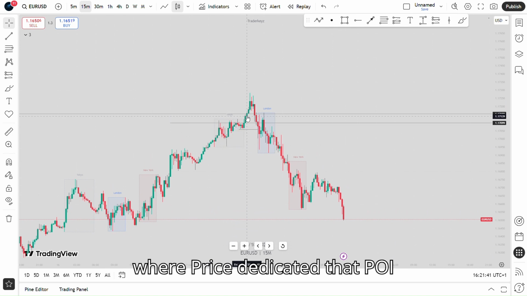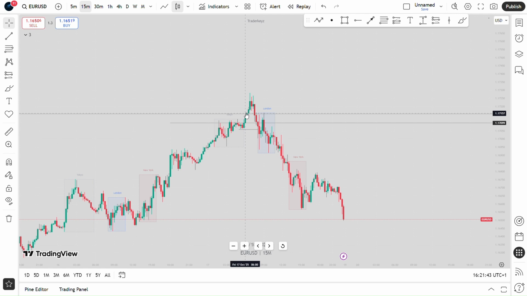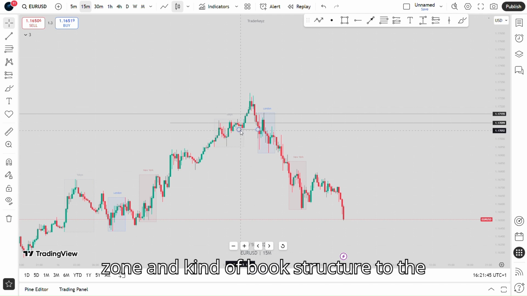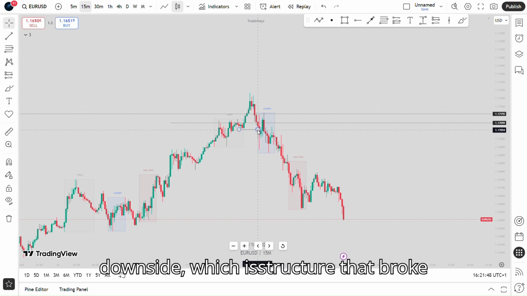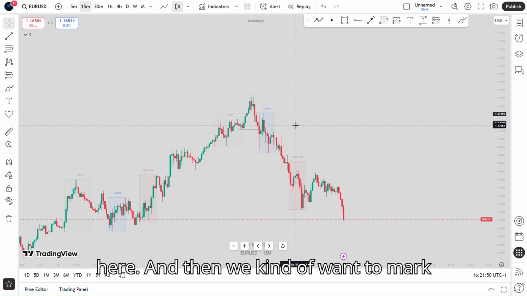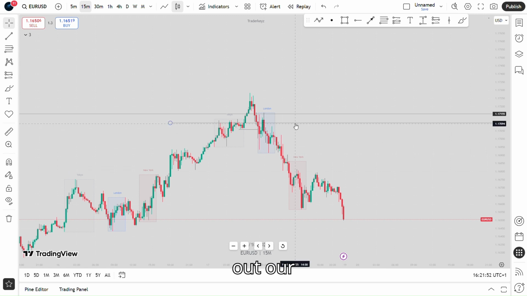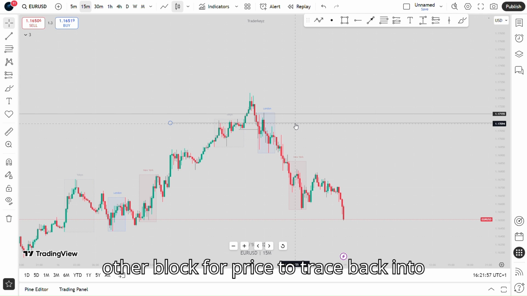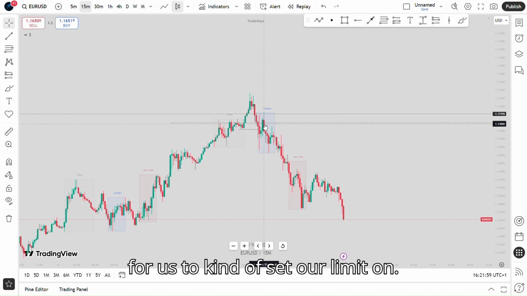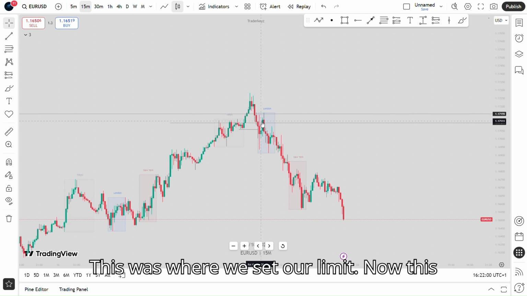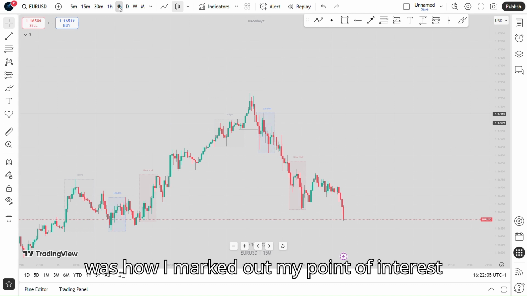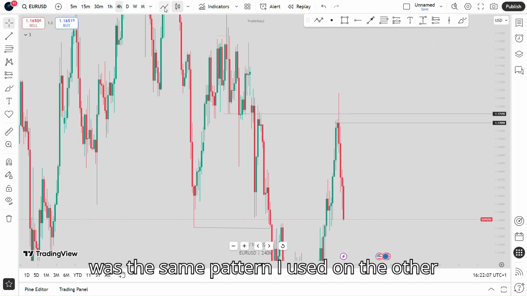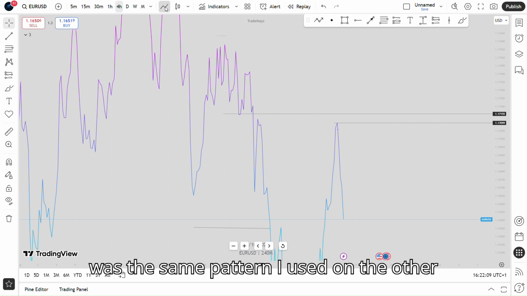You can see where price mitigated that POI zone and broke structure to the downside, which is the structure that broke here, and then we want to mark out our order block for price to retrace back into, for us to set our limit on. This was where we set our limit. Now this was how I marked out my point of interest. Same pattern I used on the daily time frame.